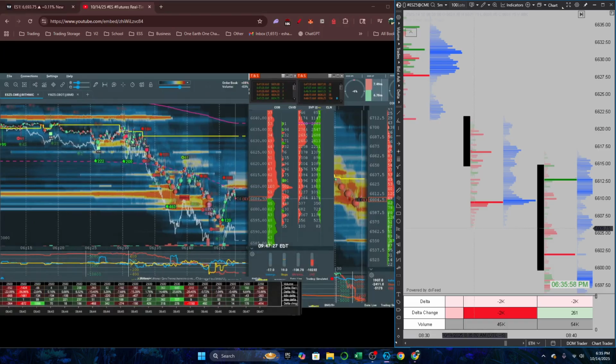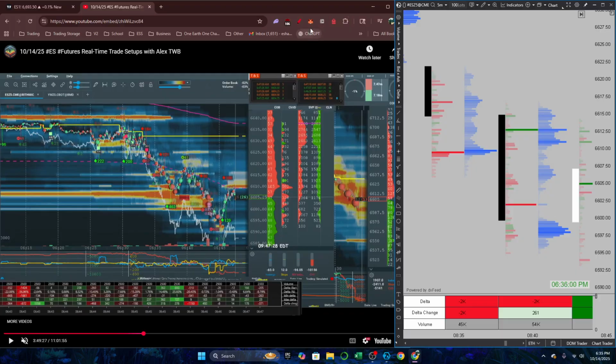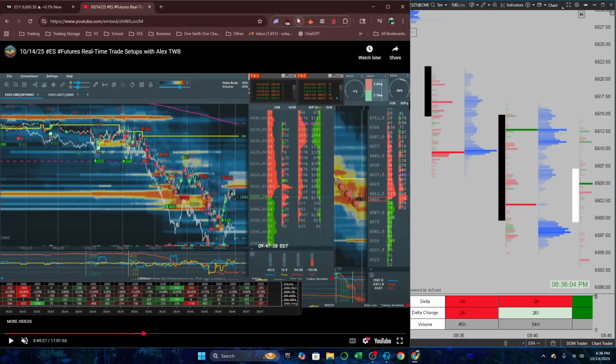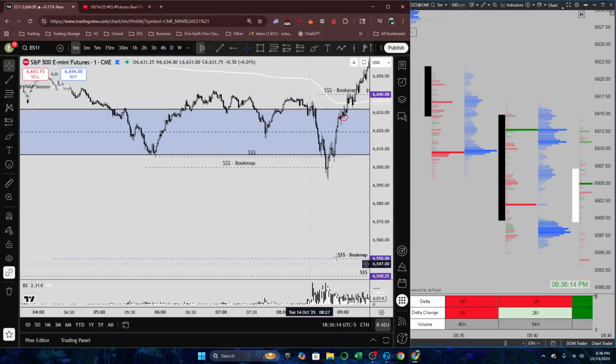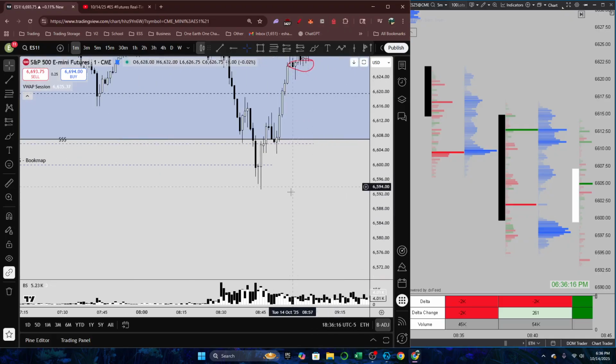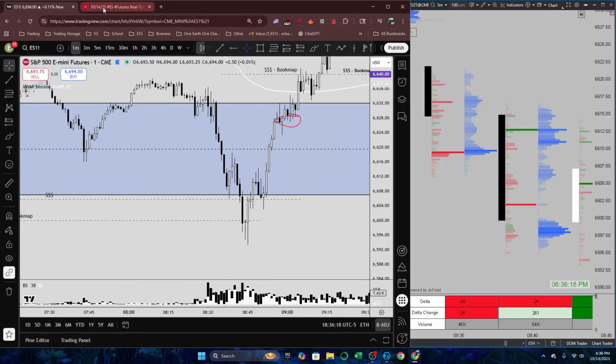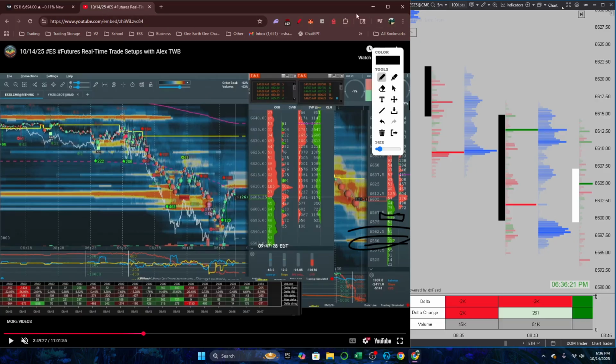We take out all of that liquidity. Now, there's not really that much liquidity for price to head down. We do have a 100 order right there and a 300 order down at 6,550, which we had marked out here. If we continue going down, we're likely going to head to 6,550.